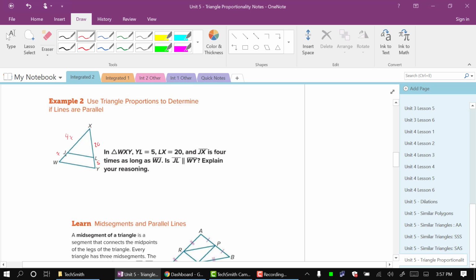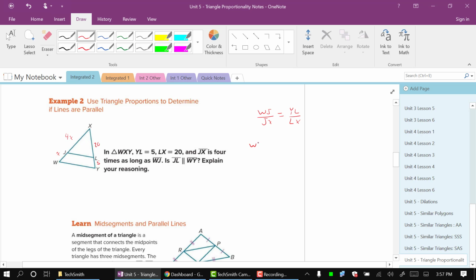So what we want to do is set up proportions. We want to set up ratios. So we have WJ over JX, and we want to show that this is equal to YL over LX. So let's start off with this one. This one's still going to be the trickier one.